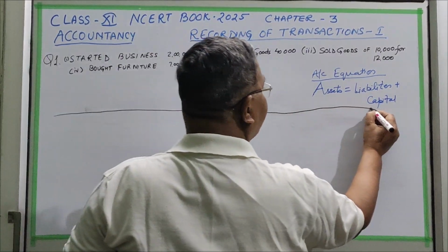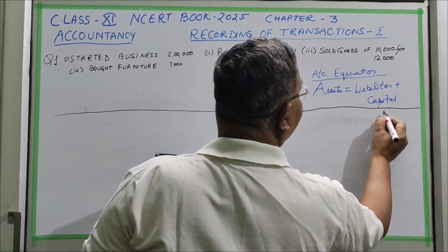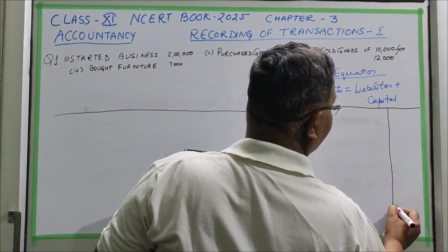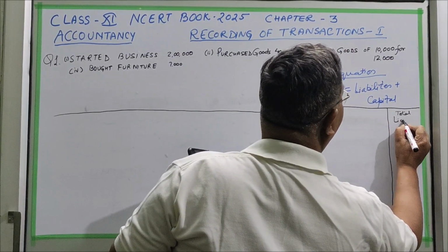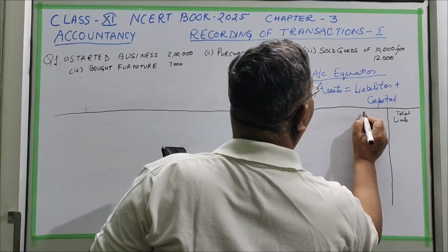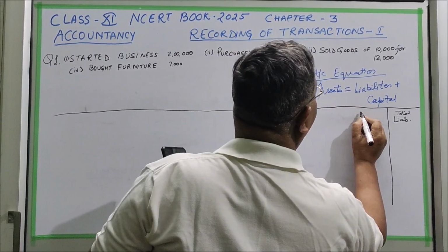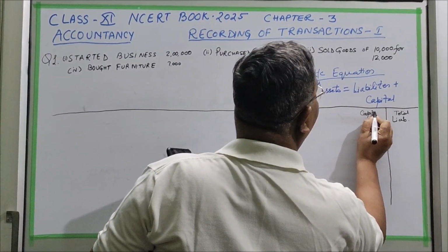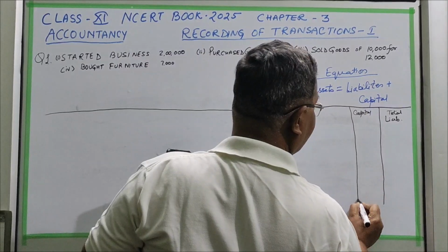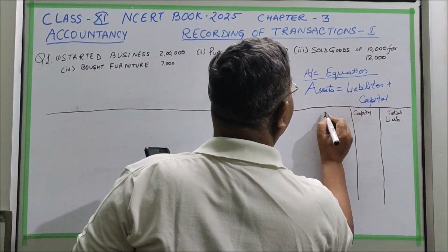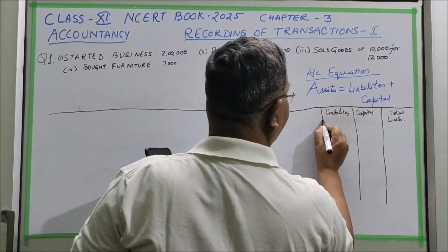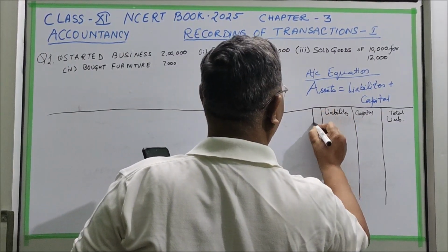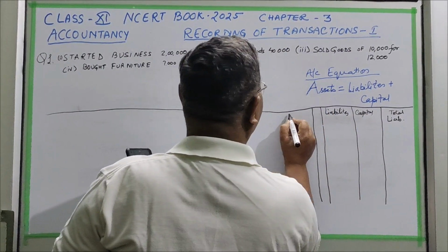Okay, one line, and here I will make one column for capital and one for liabilities, and total liabilities. Then here total assets.